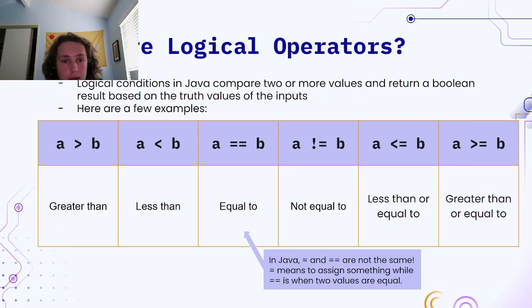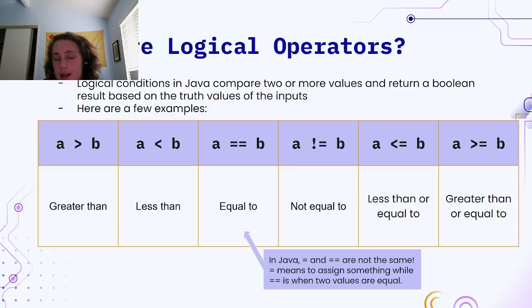So, we talked about booleans before, but now what we're going to talk about are the actual uses of these booleans, which are logical operations. Logical conditions in Java compare 2 or more values and return a Boolean result based on the truth value of the input.